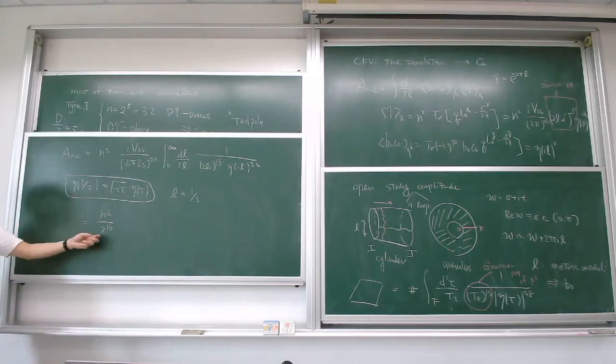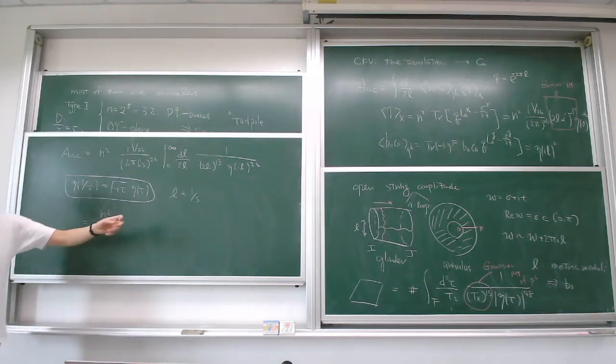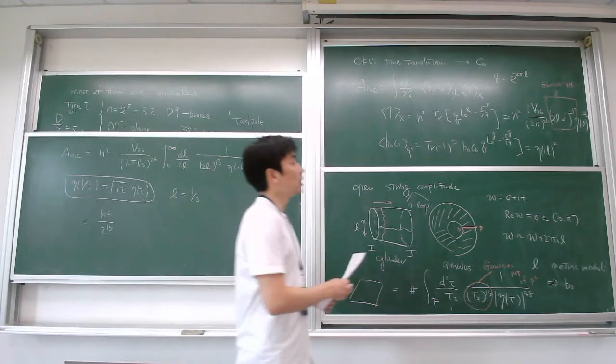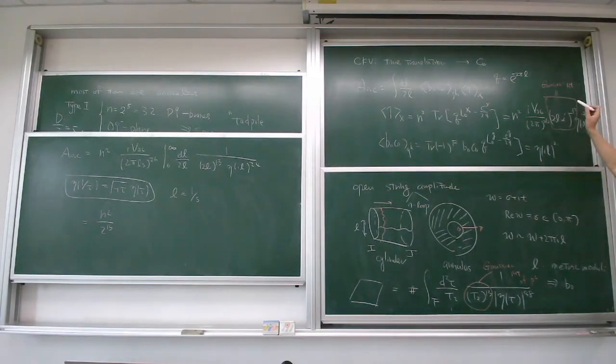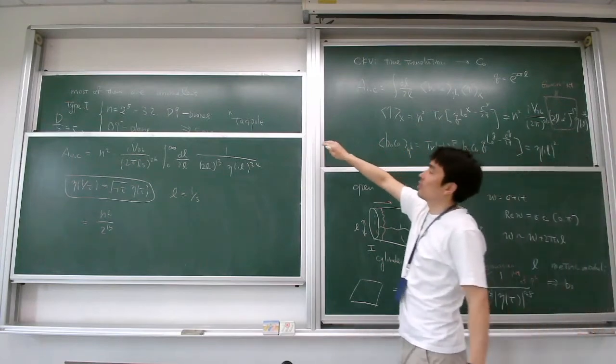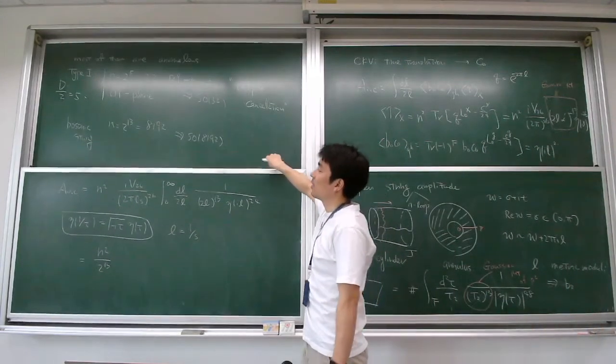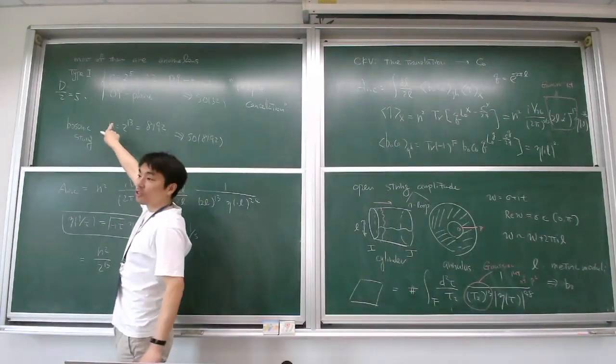So as you can see, 2 to the 13 comes from this Gaussian integral. As I mentioned, the n has to be 2 to the 13.